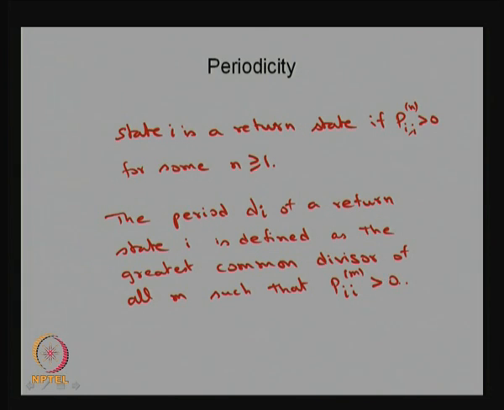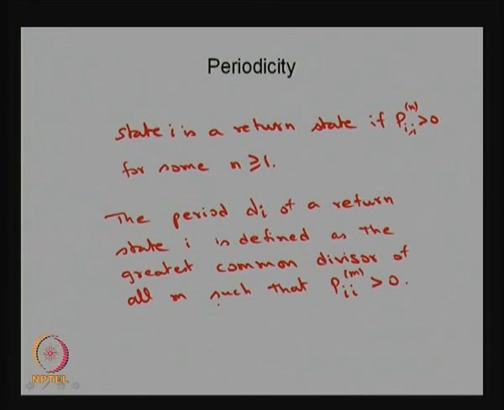So, the period of a return state is going to be an integer, and that integer is computed by using the greatest common divisor of all the possible m such that p_{i,i}(m) should be greater than 0. That means you find out how many steps you will take to come to the same state if you start from the state i.